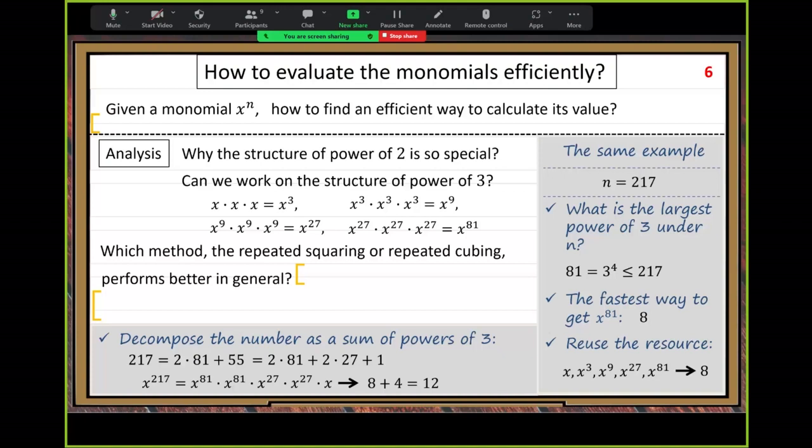If the targeting number n is closer to a power of 3, then repeated cubing is better. If it is somewhere in the middle, it's hard to say. We need to work on it to see which one is better.